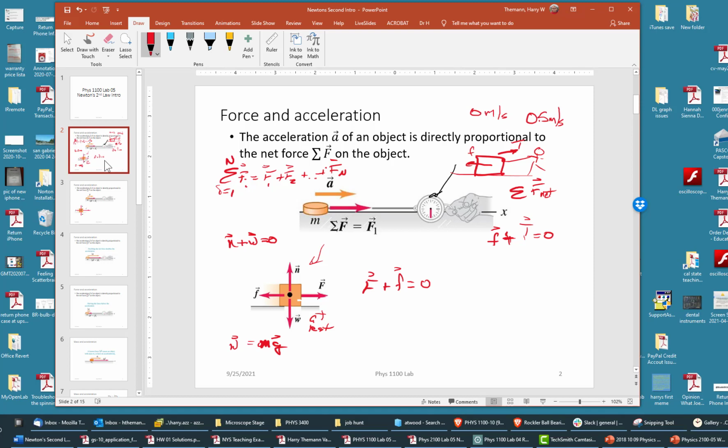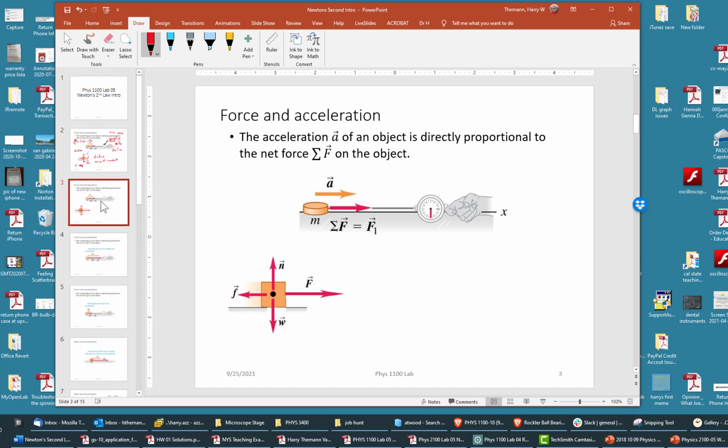Well, even if it was moving, it could still, so it's either at rest or it's moving at a constant speed. And we can just sort of say these equal to 0 because, remember, vectors are drawn to give you an idea of direction and magnitude. And yeah, maybe this one is slightly longer, but just make believe they're the same length.